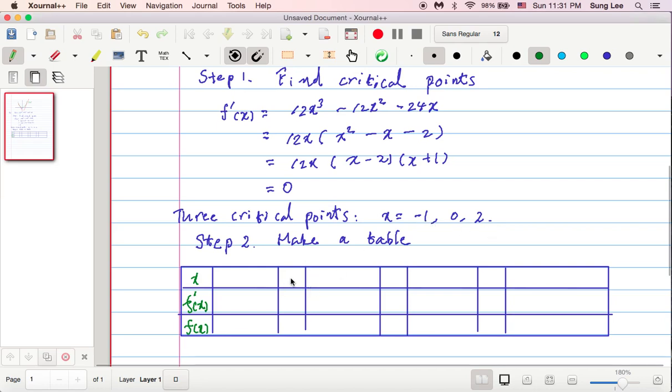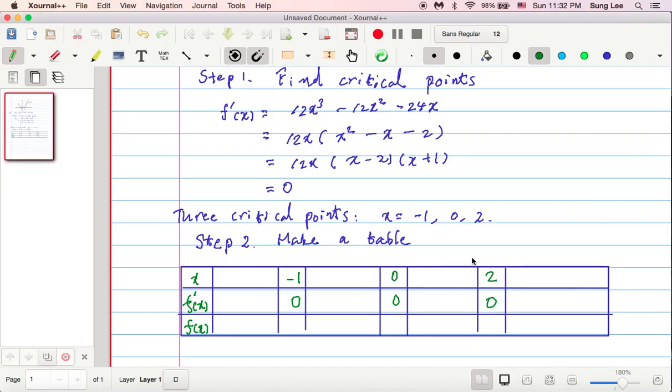So this is negative 1, 0, 2. At critical points, we know, of course, f prime of x is 0. Now these three critical points divide the entire real line into four parts.